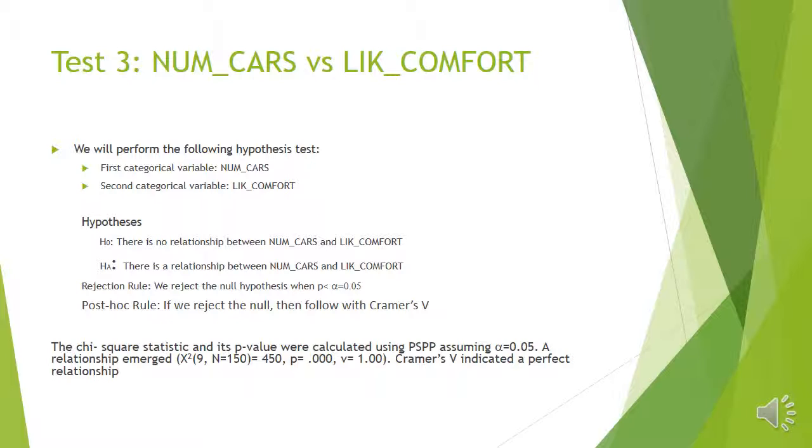The chi-square statistic was again calculated along with its p-value using the PSPP software, assuming an alpha level of 0.05, and a relationship emerged of a chi-squared value of 450 at 9 degrees of freedom with 150 cases. Our p-value was found to be 0.000, which is highly significant, and as such, we would reject our null hypothesis and follow with our Cramer's V, which was found to be 1.00, which indicated a perfect relationship.